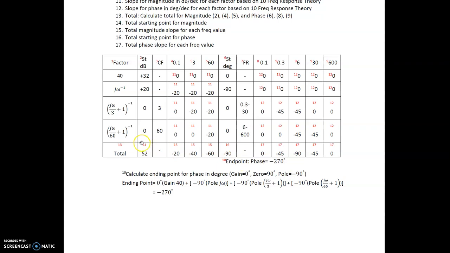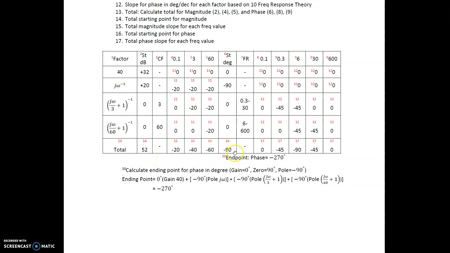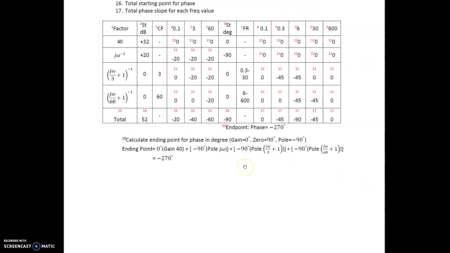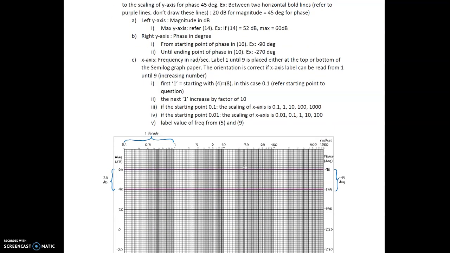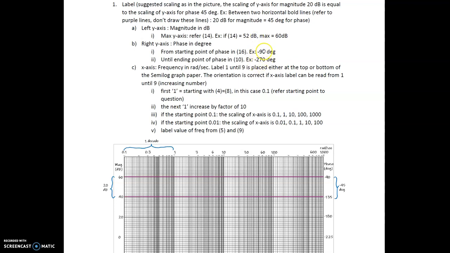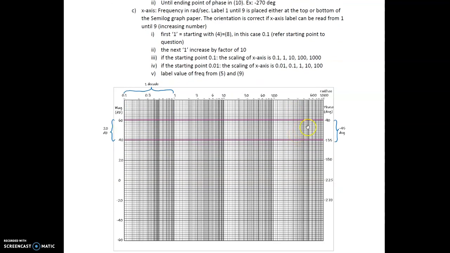For magnitude, it only has a starting point. There's no ending point for magnitude. So for phase, negative 90 is your starting point and negative 270 degree is your end point. Make sure we cover this starting and ending by labeling from the starting until the ending.